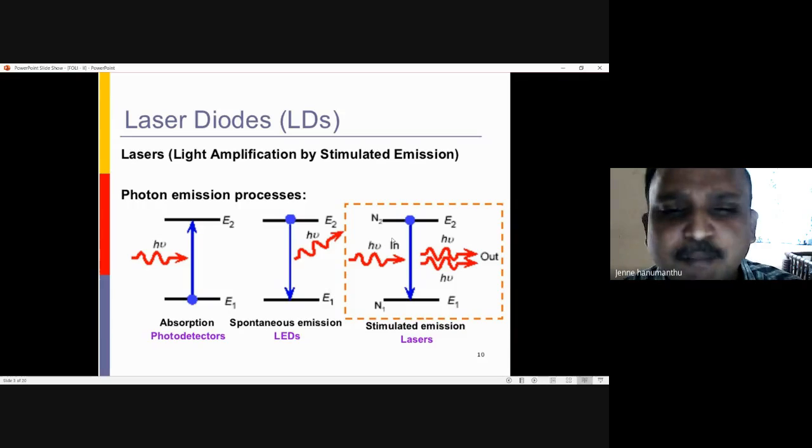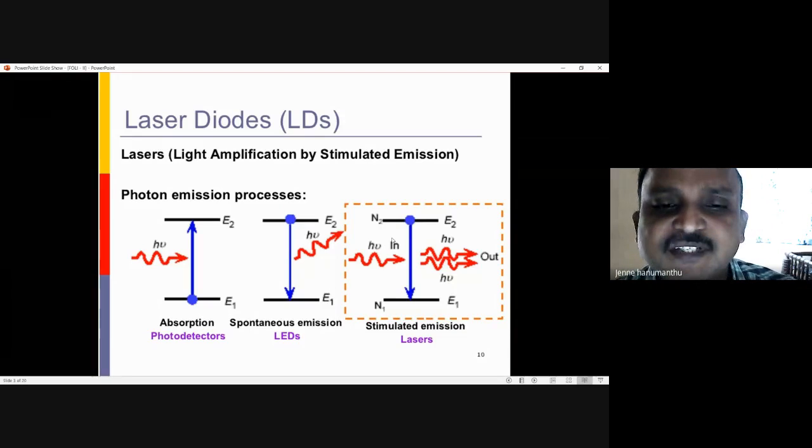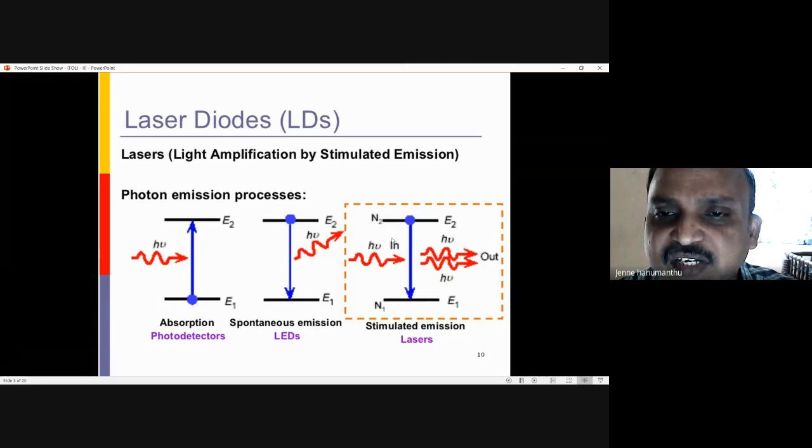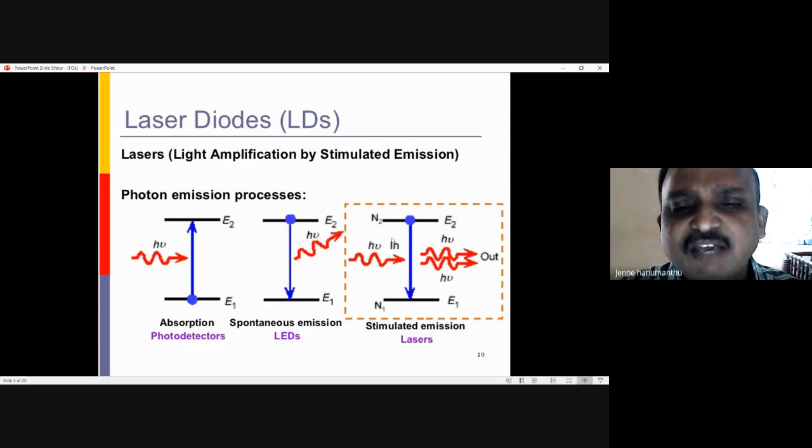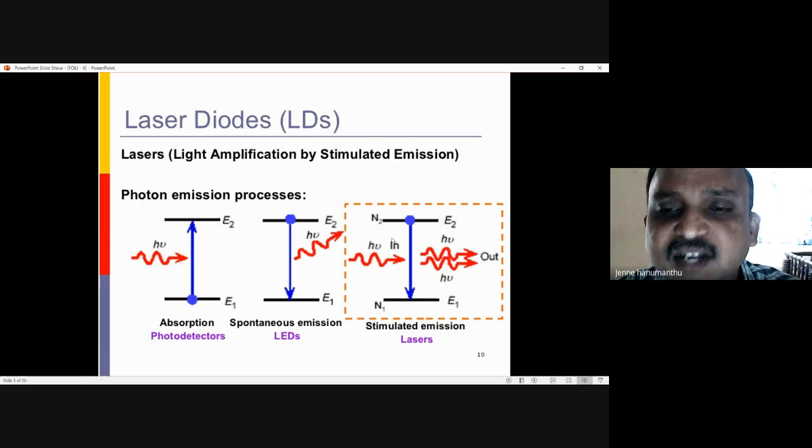Not only for optical communication, but also for medical instrumentation, industrial instrumentation, or anywhere. If you want to measure any unknown parameters in industries, or on the medical and diagnostic side, we need high radiation from the laser. How do you get high radiation?